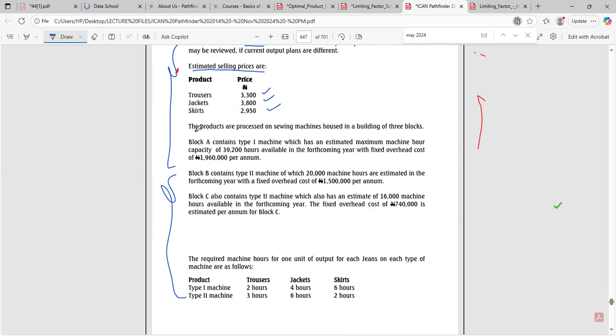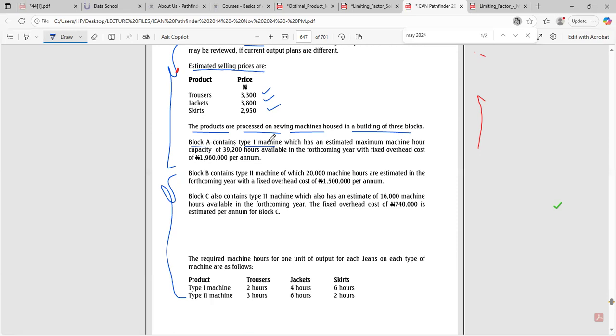Then I said, the products are processed on sewing machines housed in a building of 3 blocks. Listen, this is where the main question starts from now. Block A contains type 1 machine. Block A is like a building now, you understand?